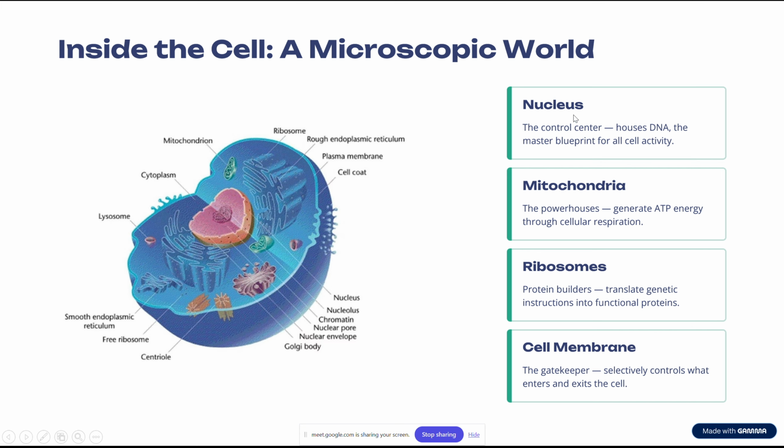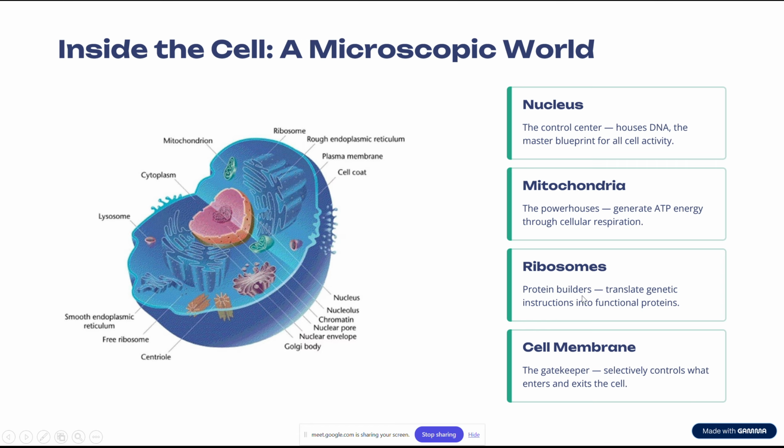So you have brief definitions of some of these components here. Nucleus, the control center, houses the DNA and is the master blueprint for all cellular activity. The mitochondria, that's the powerhouse, generates ATP energy through cellular respiration. Yes, cellular respiration is very important for ATP generation.